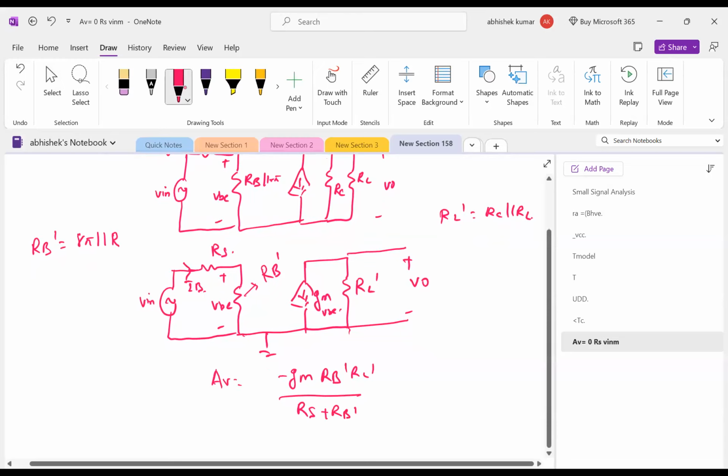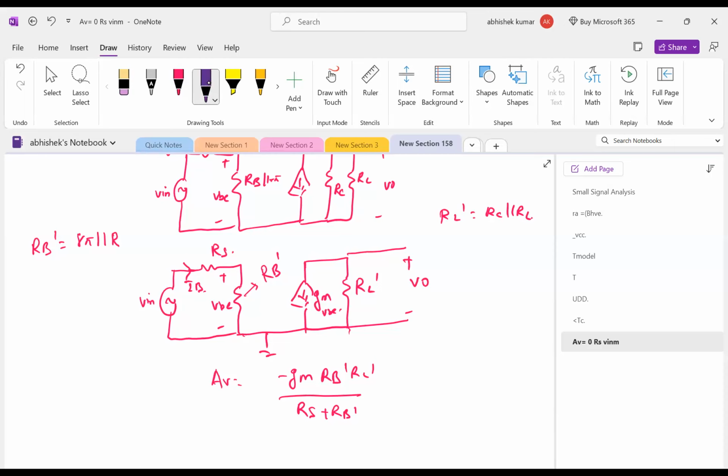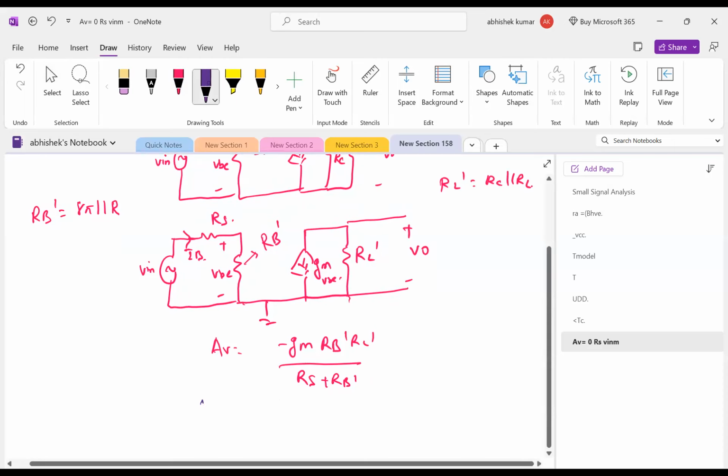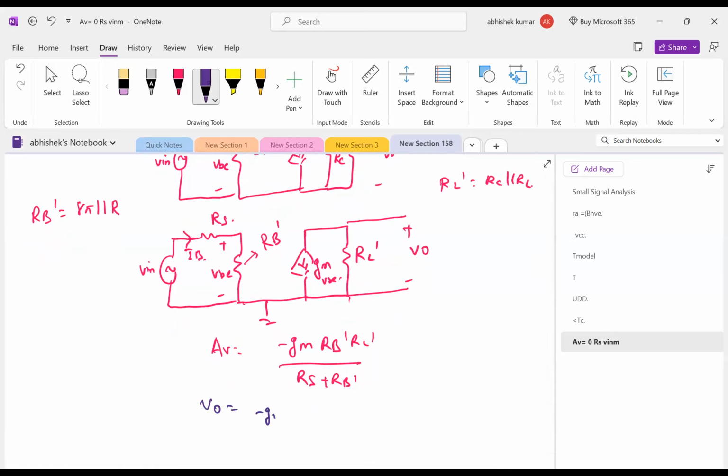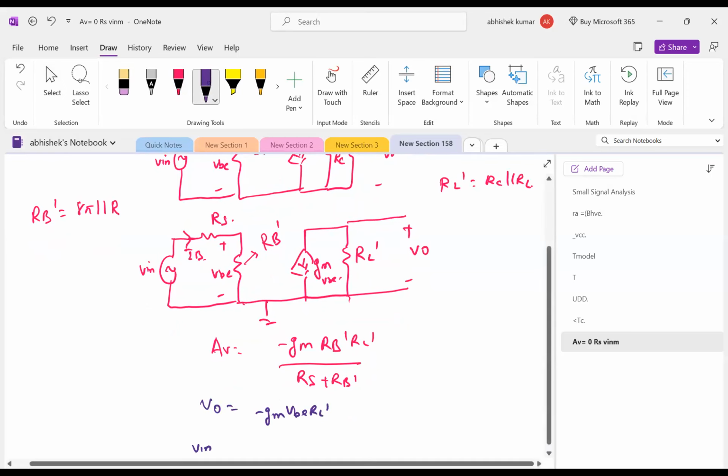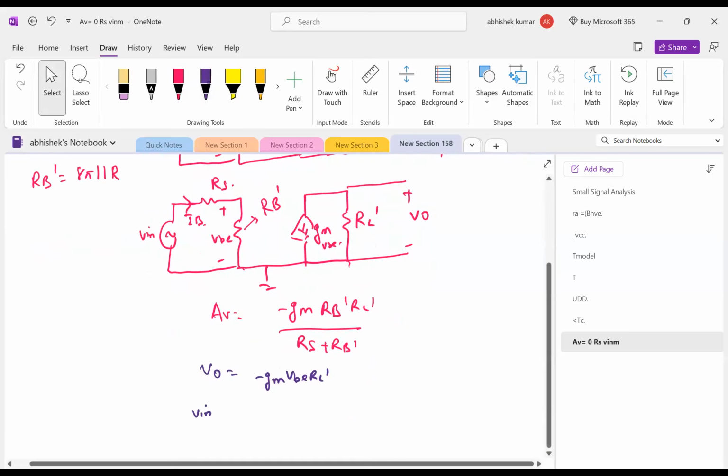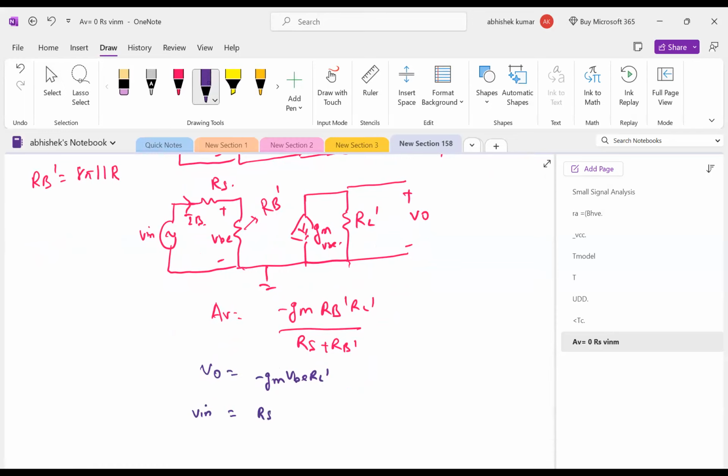I don't think it will be the answer. Let me show you. What is V output? V output is minus gm VBE into RL dash. What is V input? V input is RS plus RB dash divided by RB dash into VBE.